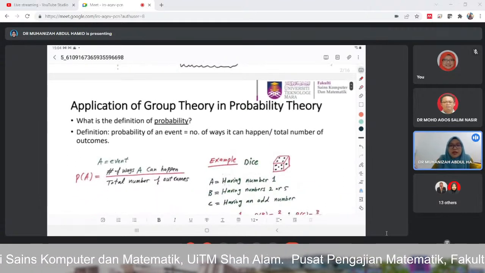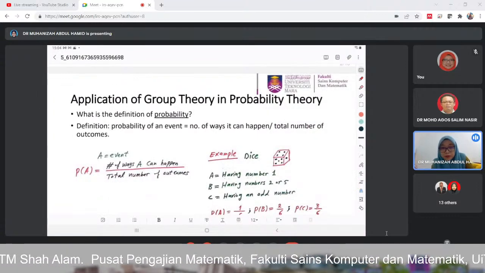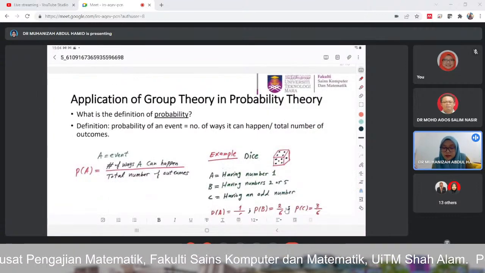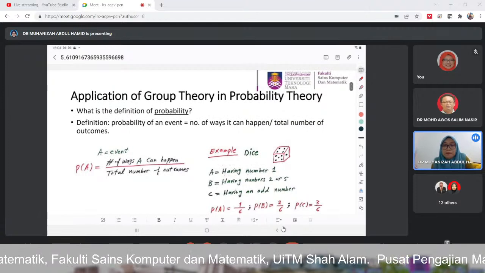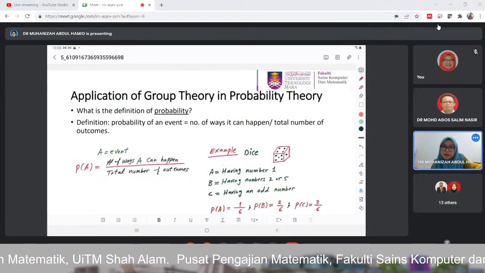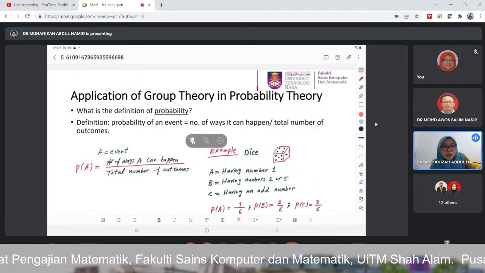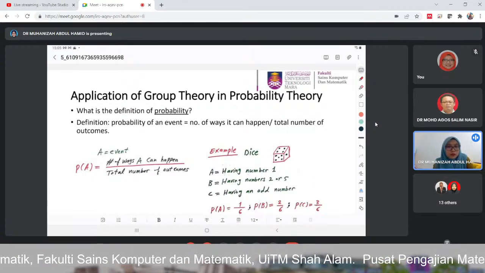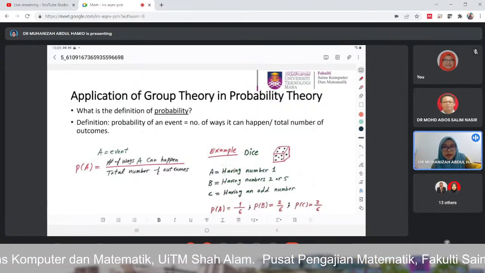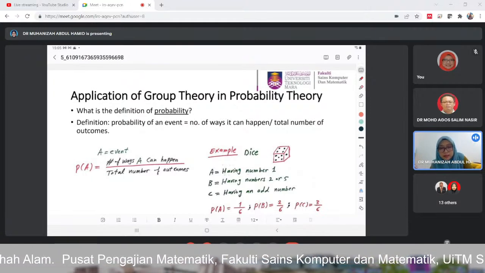So I believe that everyone is very familiar with probability, right? It's a part of mathematics that evaluates the chance of events to occur, and it is expressed as a number between 0 and 1, and a value of 1 can be considered a certainty.